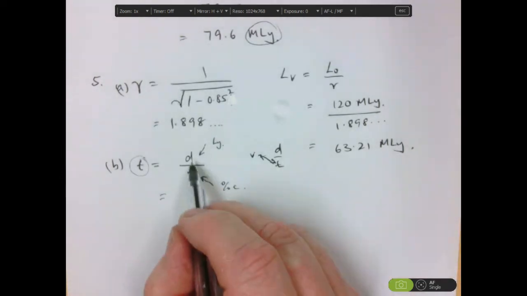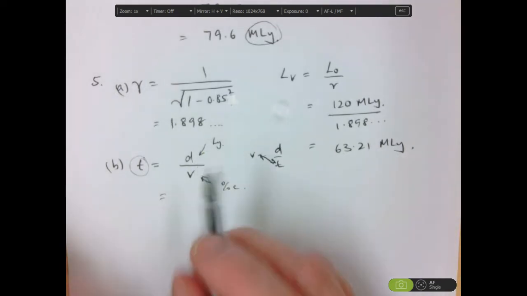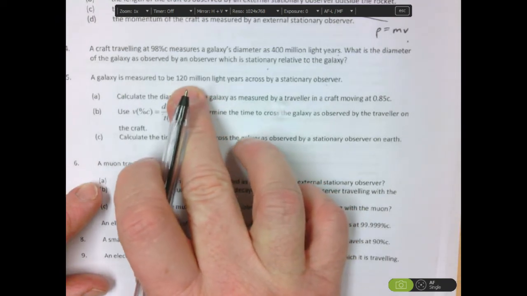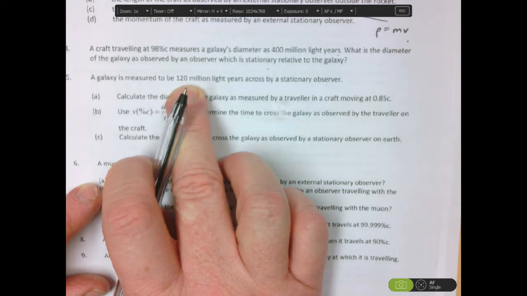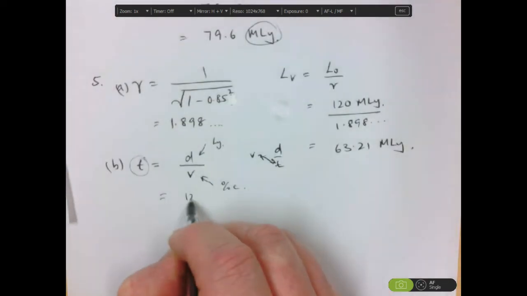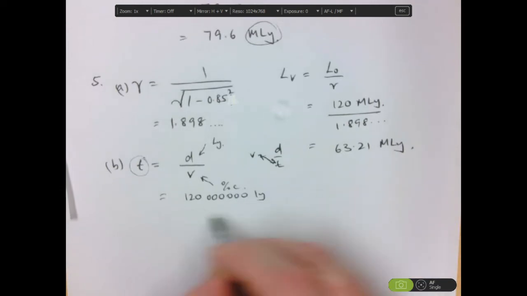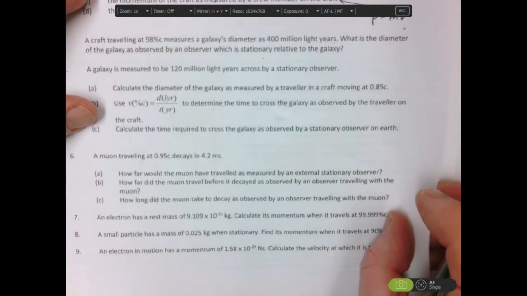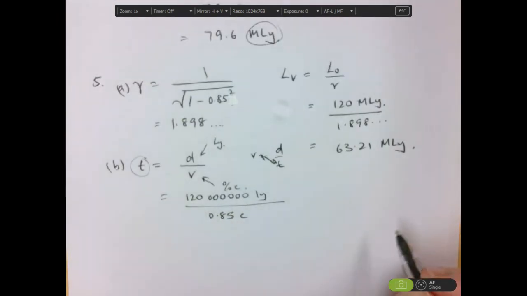Okay, so d is the distance of this galaxy. We are measuring the distance of this galaxy as 120 million light years. So that's 120 million light years over the velocity, which is a percentage of c, so it's 0.85c.